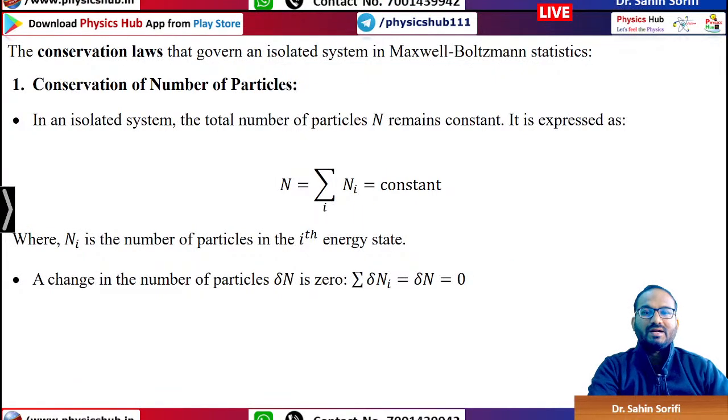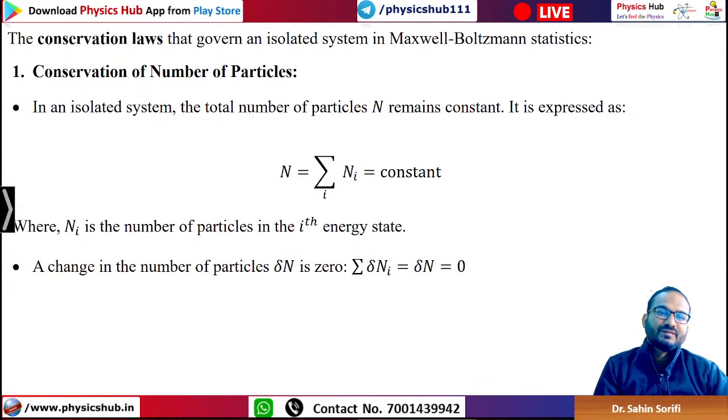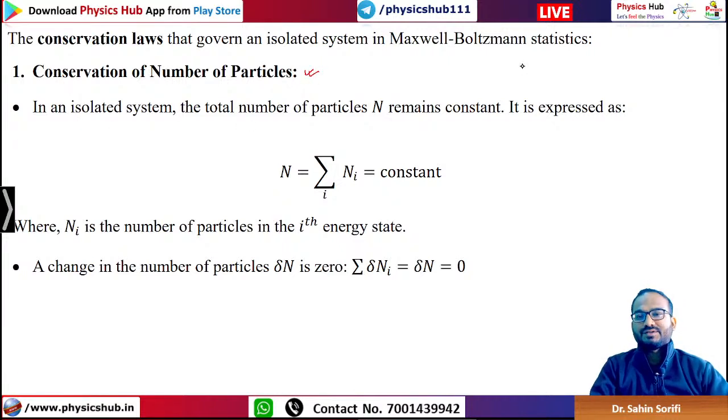Now, if you consider an isolated system, there are two conservation laws we have to keep in mind in the case of Maxwell-Boltzmann statistics. Firstly, conservation of the number of particles. If you are considering an isolated system, it is made up of rigid walls.